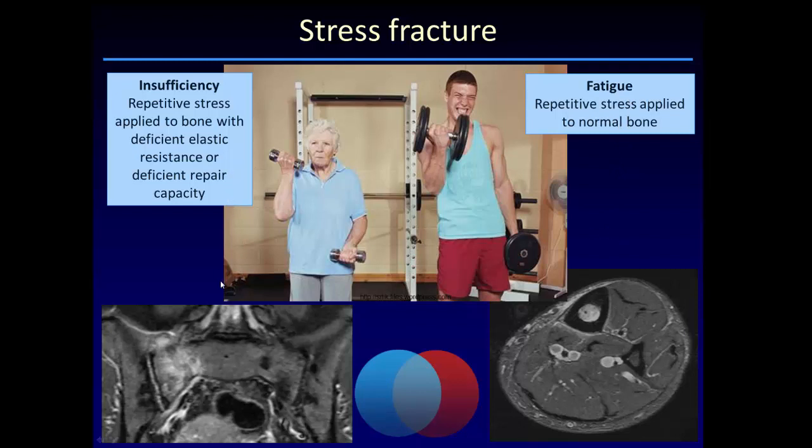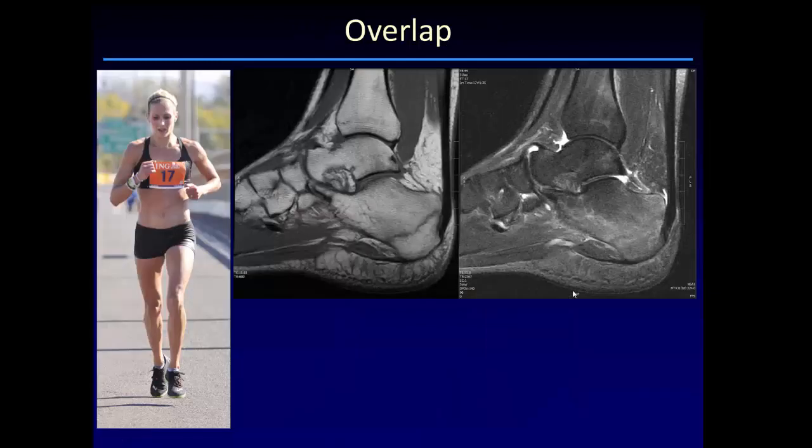In general, insufficiency fractures favor cancellous bone, and fatigue fractures favor cortical bone. But we have considerable overlap in these two categories.